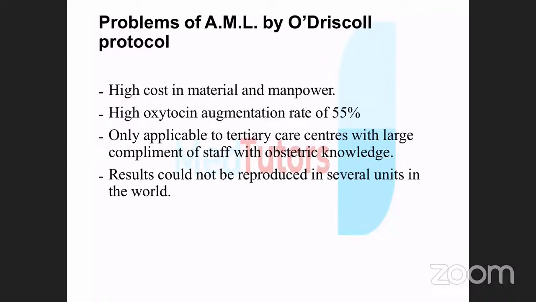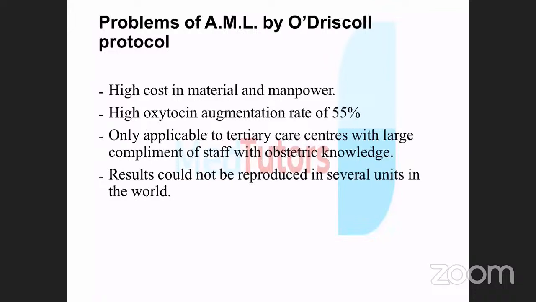What are the problems of active management of labor as proposed by O'Driscoll? One, high cost in terms of material and manpower; a high oxytocin augmentation rate of over 35%, 55%; and this protocol is only applicable in tertiary care centers with a large complement of staff and with good obstetric knowledge.